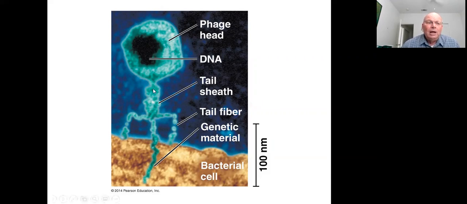And so the HIV virus, I'm trying to think if the coronavirus, COVID virus is one of these as well. But I know the HIV virus is an RNA virus. And it uses an enzyme that takes that RNA molecule and makes a copy of it in the form of DNA. It reverses the process of transcription.